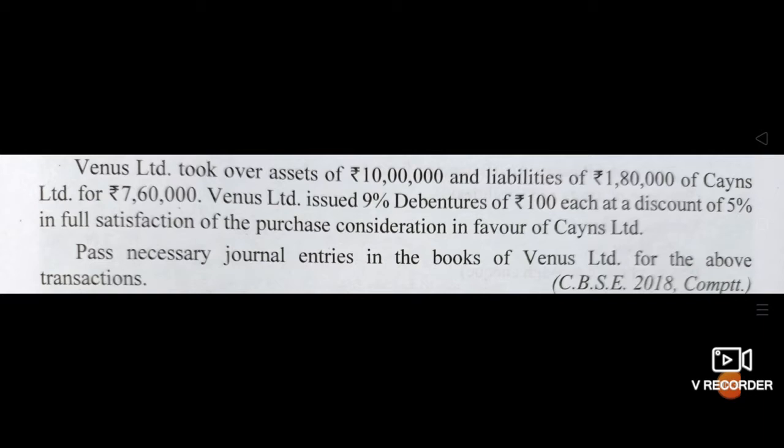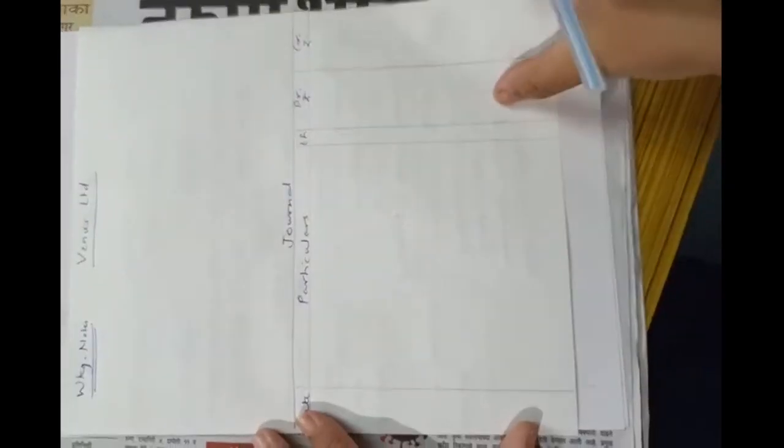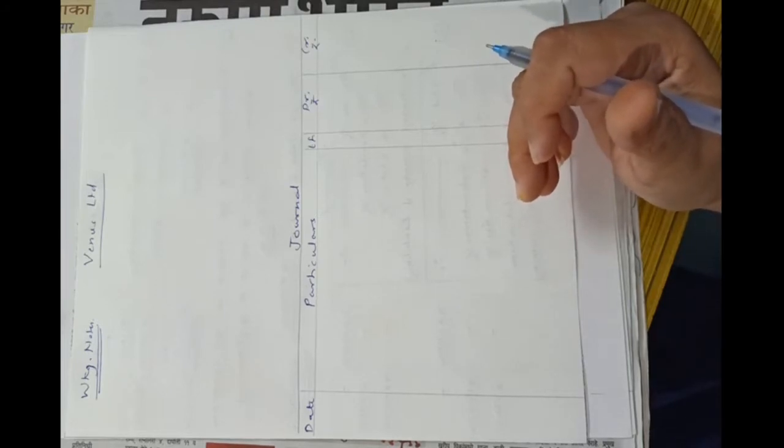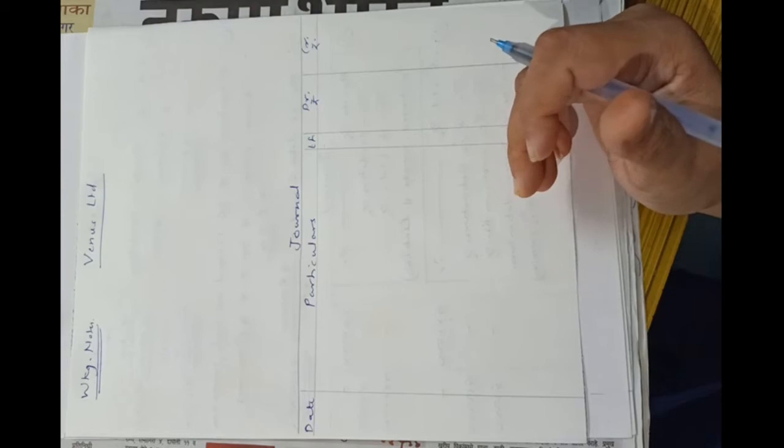So, let's start the problem now. Now, in this problem of Venus Limited, they have told you the amount of purchase consideration directly. See the first sentence. Venus Limited took over assets of rupees 10 lakhs and liabilities of rupees 1,80,000 of Keynes Limited for rupees 7,60,000. Means the purchase consideration is 7,60,000.